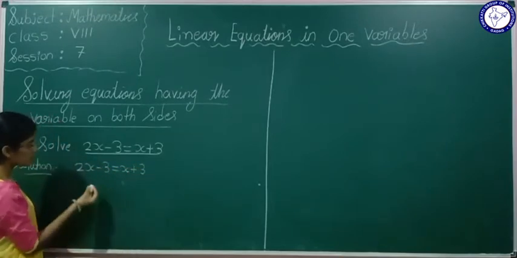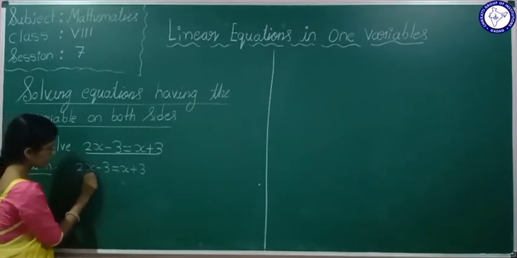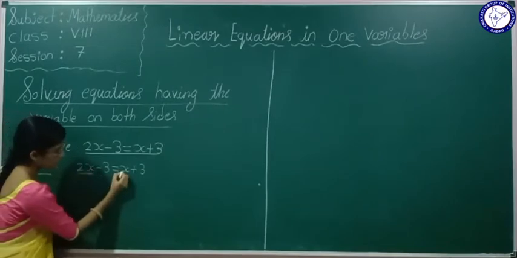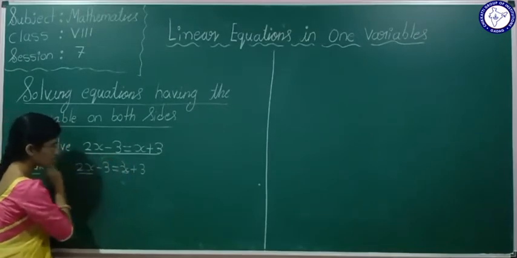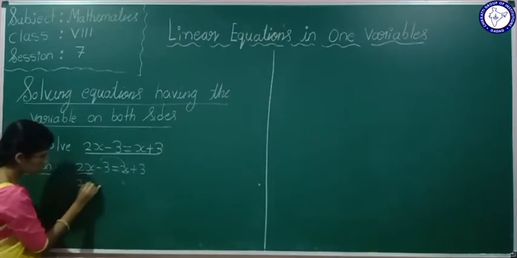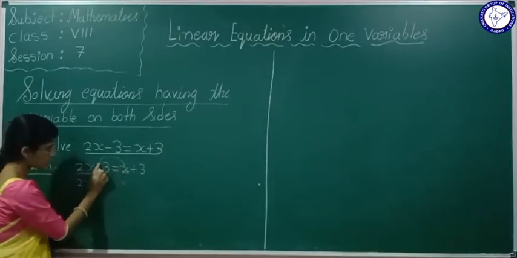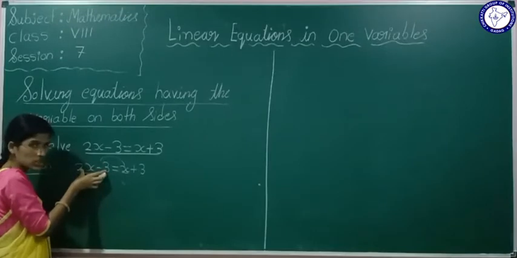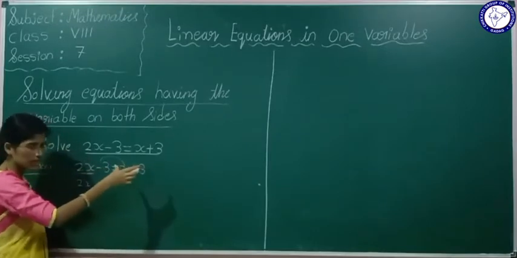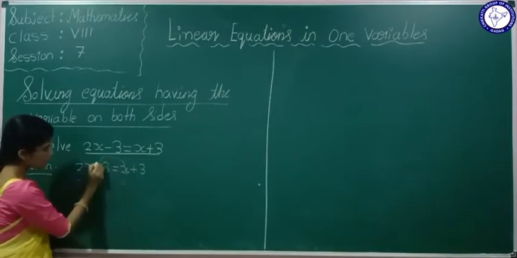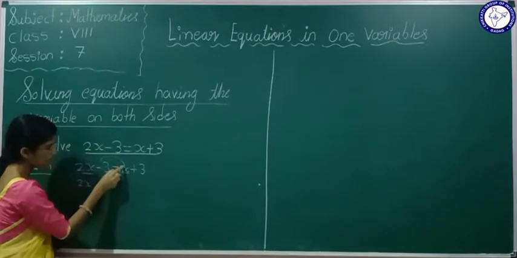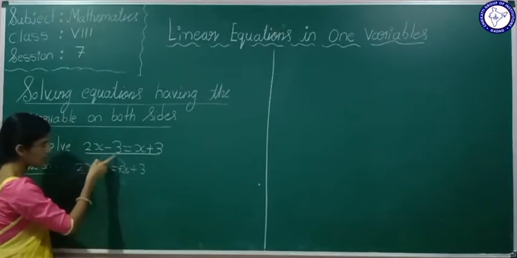Now see, here 2x is there and here x. This x you take to this side. Take variables on one side. What will it become? 2x, if you transpose x to the LHS; this is LHS, this is RHS, left hand side and right hand side. Transpose this plus x to the LHS.